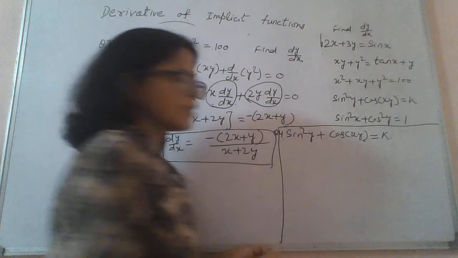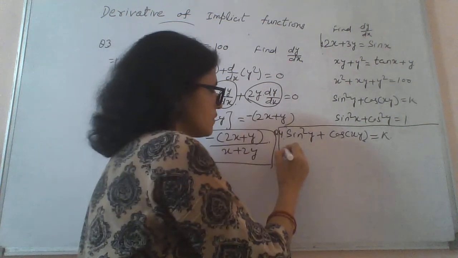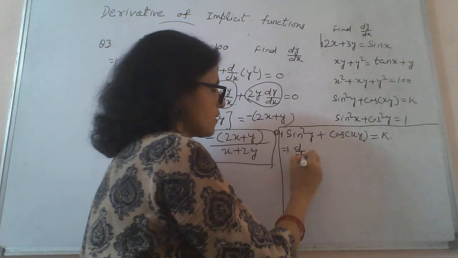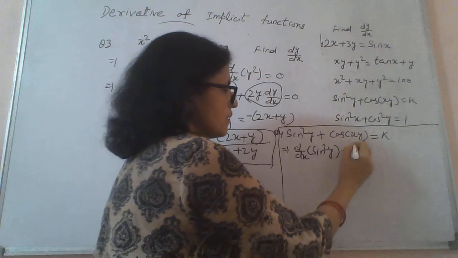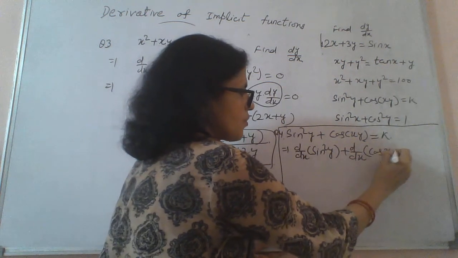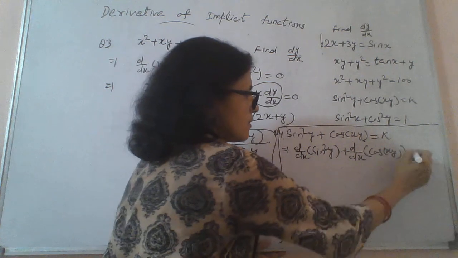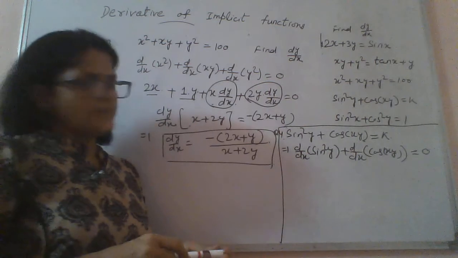Now differentiating both sides with respect to x. So this implies d by dx of sin square y plus d by dx of cos xy equal to d by dx of k, that is 0.